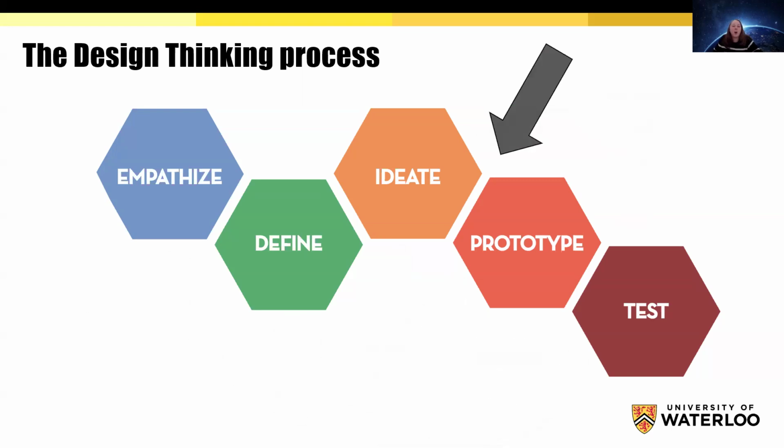So today, when we talk about designing your degree, we're going to be really focusing on the ideate and prototype phases of this design thinking process. That is because the users through the empathize stage are going to be yourselves, right? You're designing your degree in relation to career aspirations and goals and things like that.